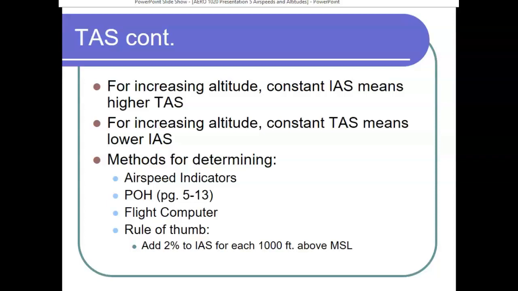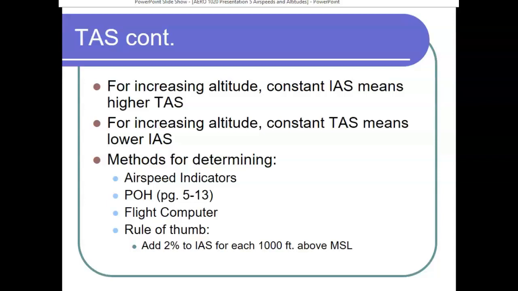There is a way to determine that on some analog airspeed indicators. The Diamond DA40 primary flight display actually calculates your true airspeed for you. There is a chart in the pilot's operating handbook on page 5-13 to help you determine what your true airspeed is. You can use your flight computer, or we can use the rule of thumb.